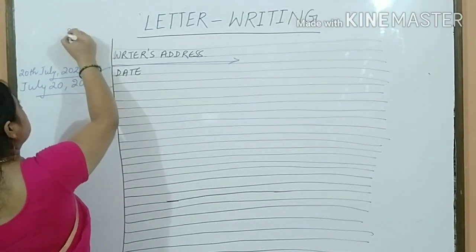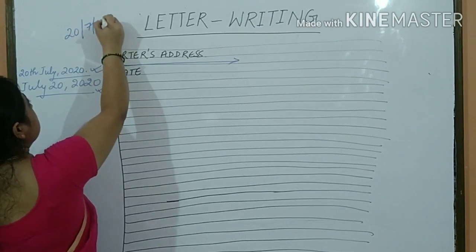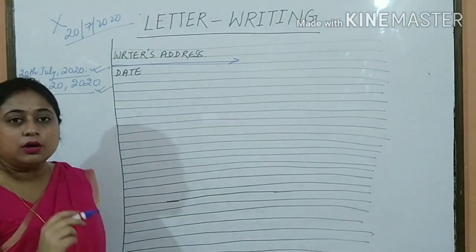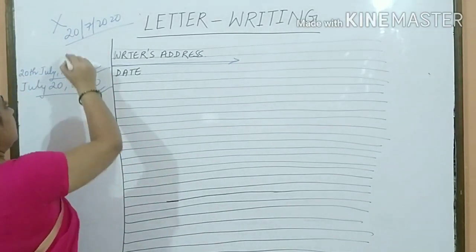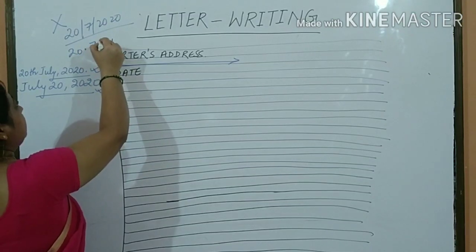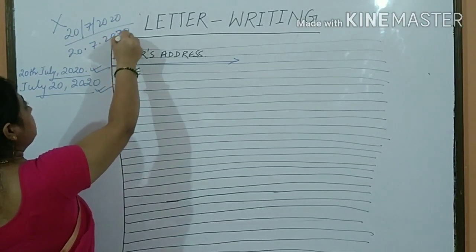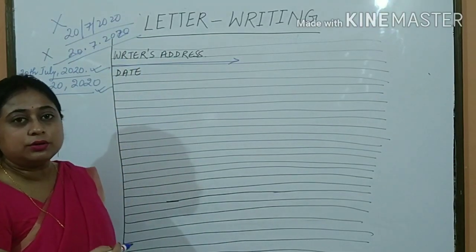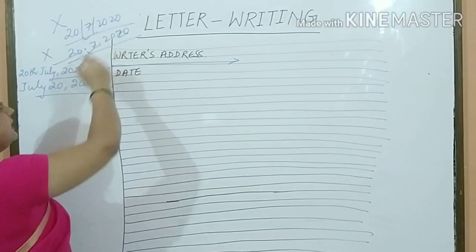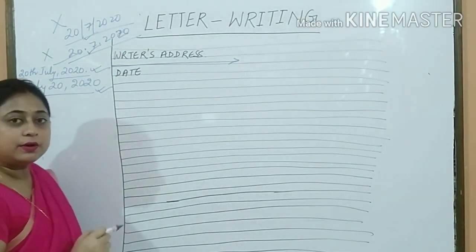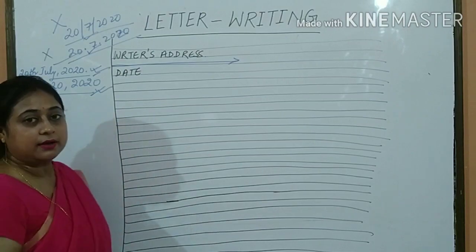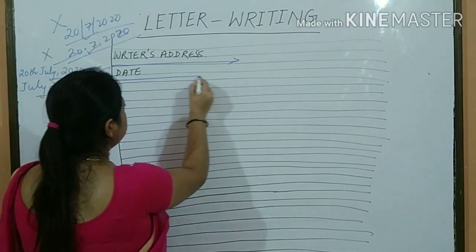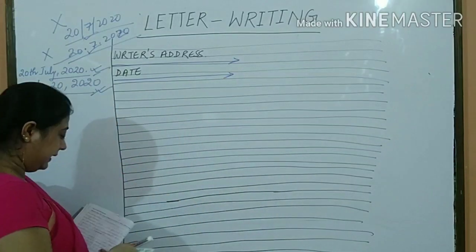If you write 20/7/2020, this is wrong. This is considered a wrong format. Or if you write 7/20/2020, this is also wrong. So you don't have to write the date in this format, but you will be writing it in this way. Okay. Now, again after writing the date, you will be leaving a line.